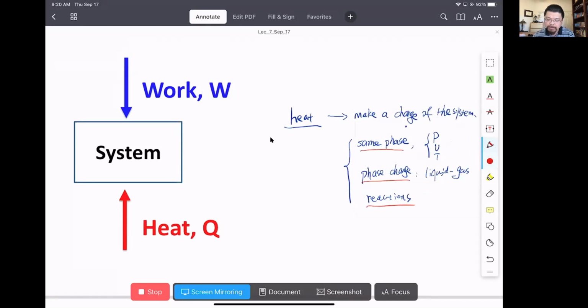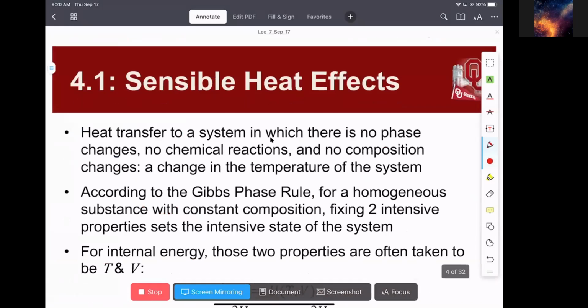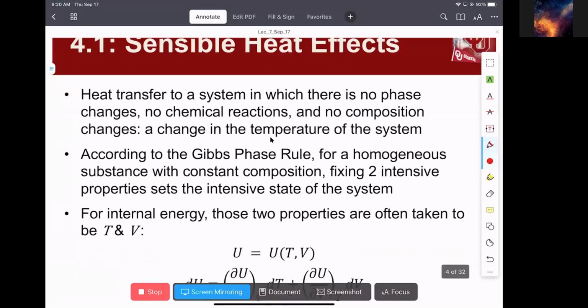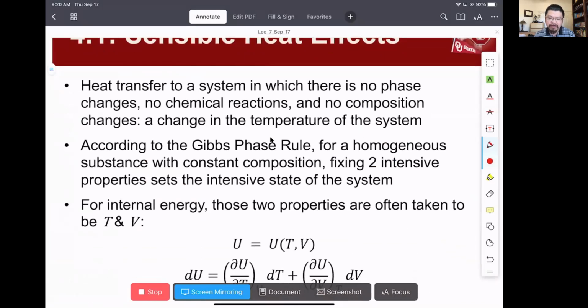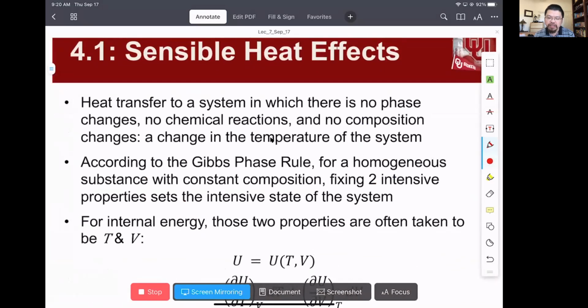So now let's visit them one by one. First of all, let's take a look at the simple case. We have heat transfer to a system, with the assumption of no phase change, no chemical reaction, and of course no composition change.